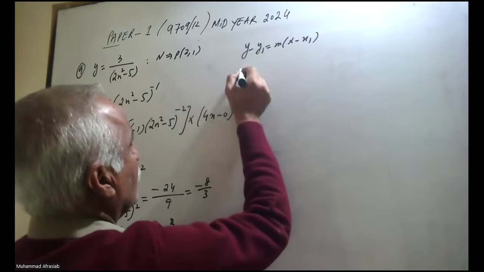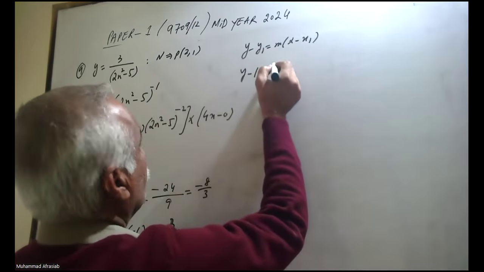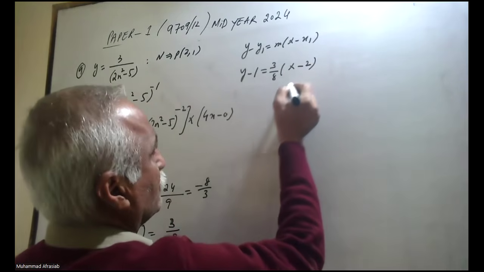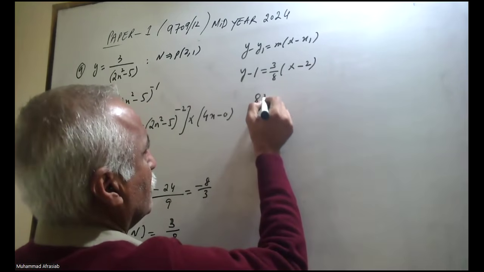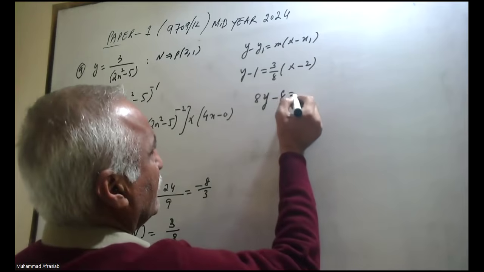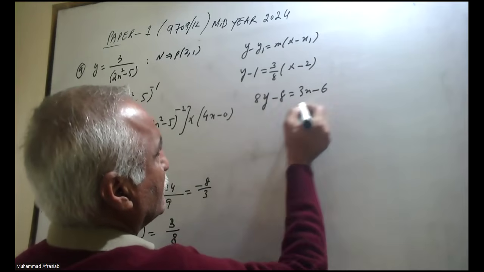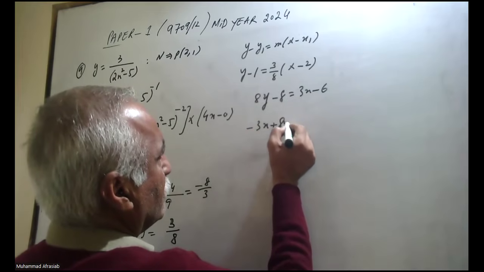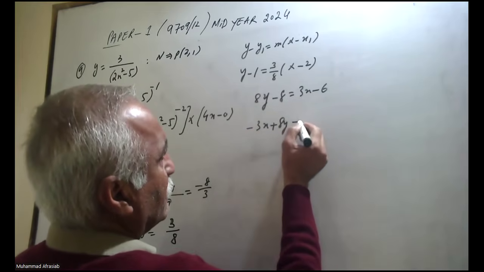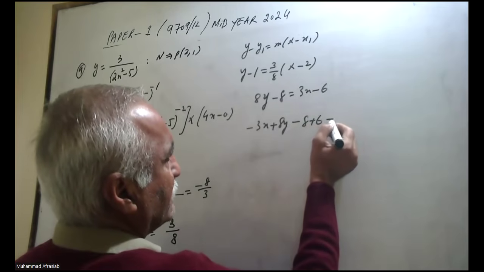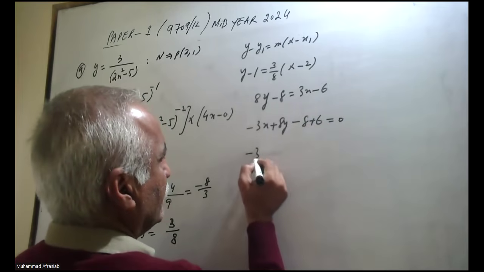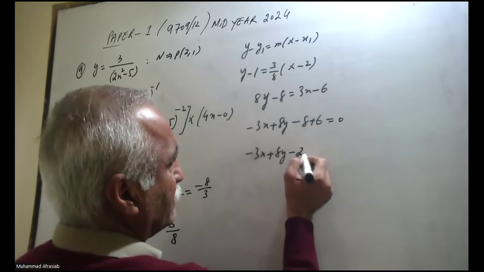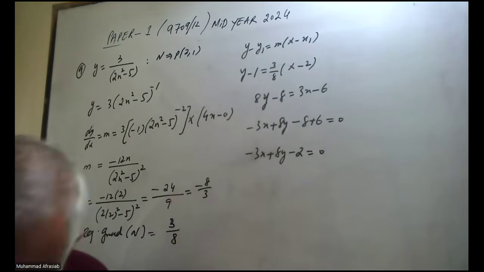So the equation of the normal to this curve is y minus y1 is equal to m into x minus x1. So y minus 1 is equal to 3 by 8 into x minus 2, or 8y minus 8 is equal to 3x minus 6, or minus 3x plus 8y minus 8 plus 6 equal to 0, or minus 3x plus 8y minus 2 is equal to 0.